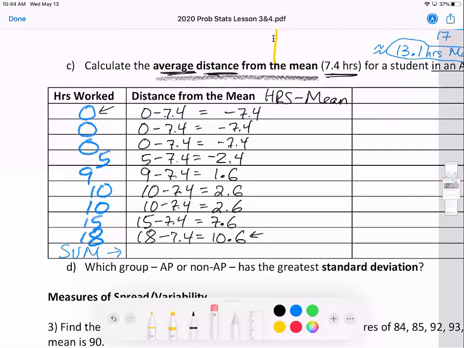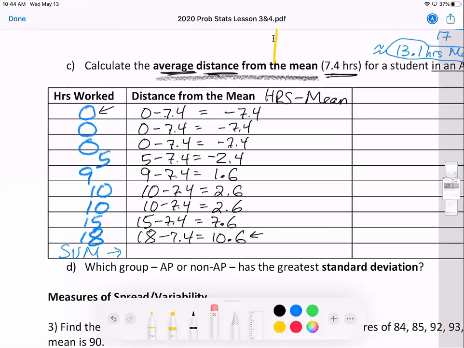So on average, for the students with AP classes, the standard deviation is 6.3. There we go, standard deviation.